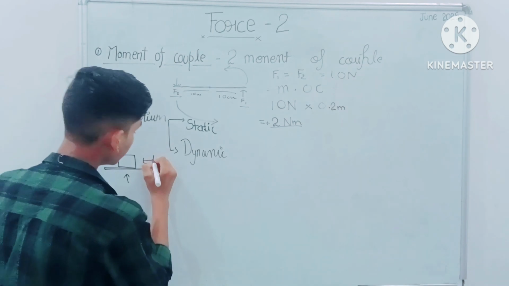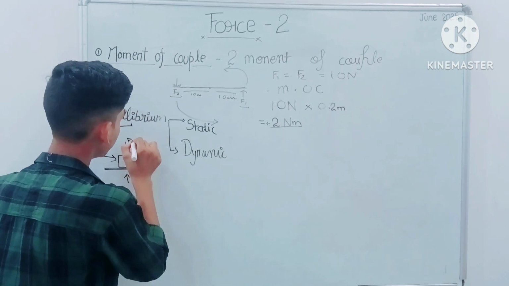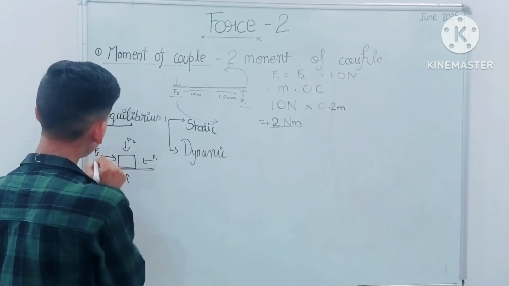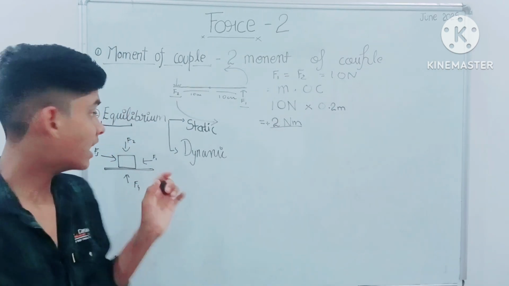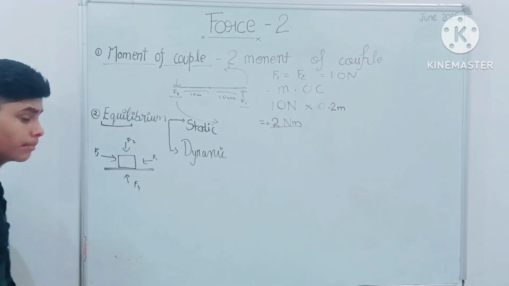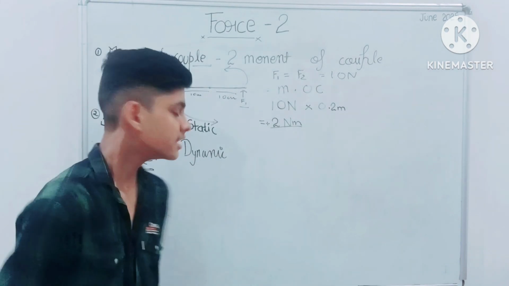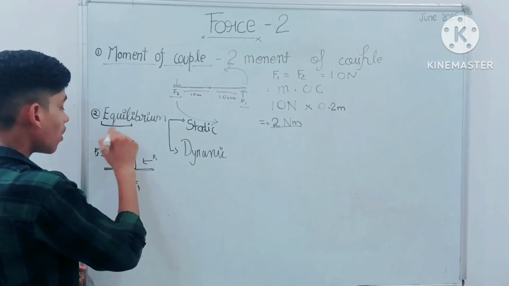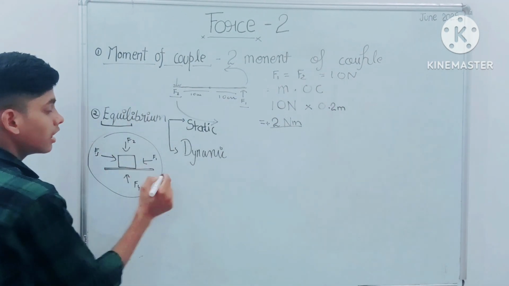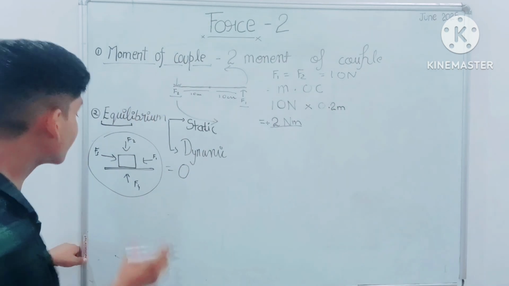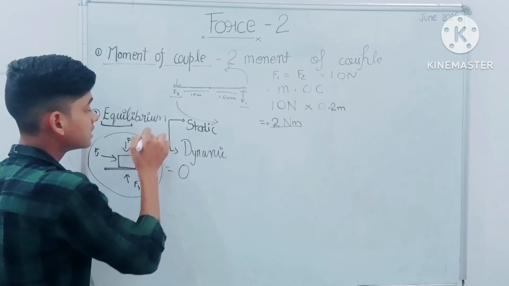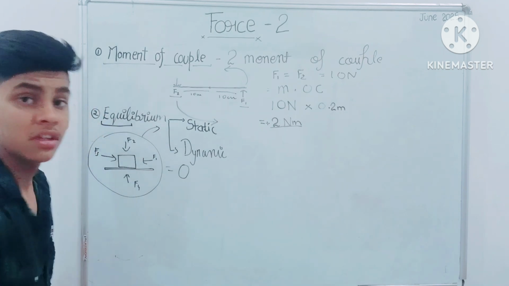Let's say this is F1, this is F2, this is F3, and this is F4. But what is equilibrium? Equilibrium means the algebraic sum of all the forces is equal to 0. So this is an example of static equilibrium.